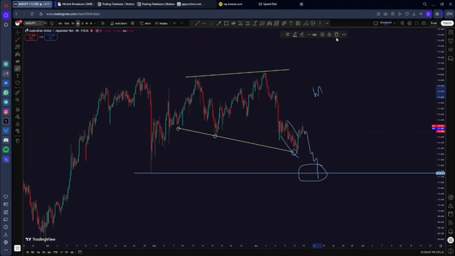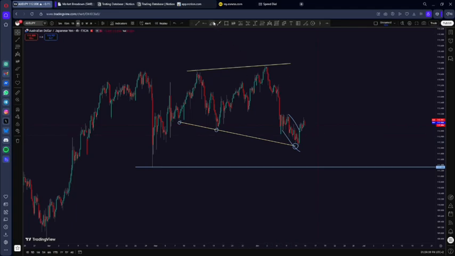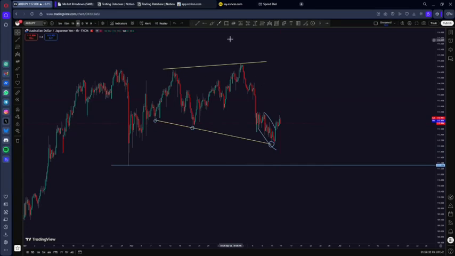So right now, what's happening here requires patience, because as I've said, we could come back and take this area, or we could come back and take that area, or price could eventually start creating our correction after that impulse.